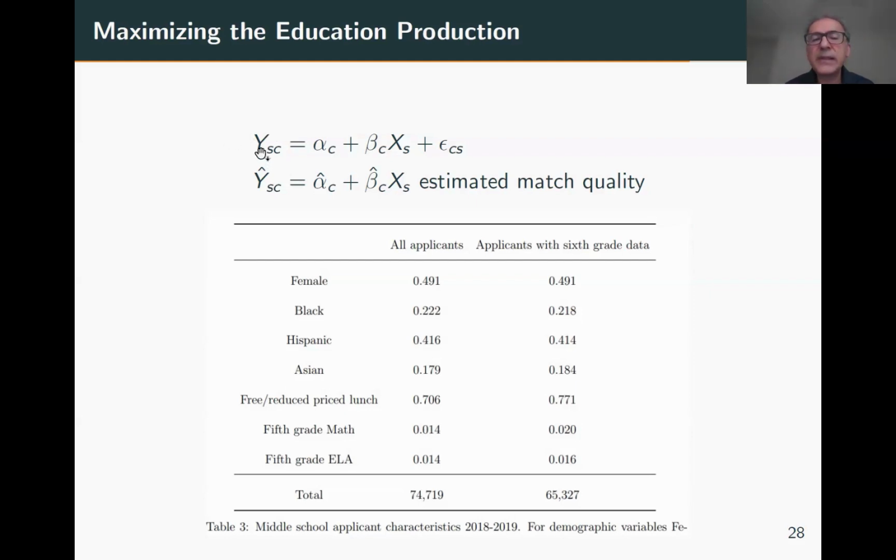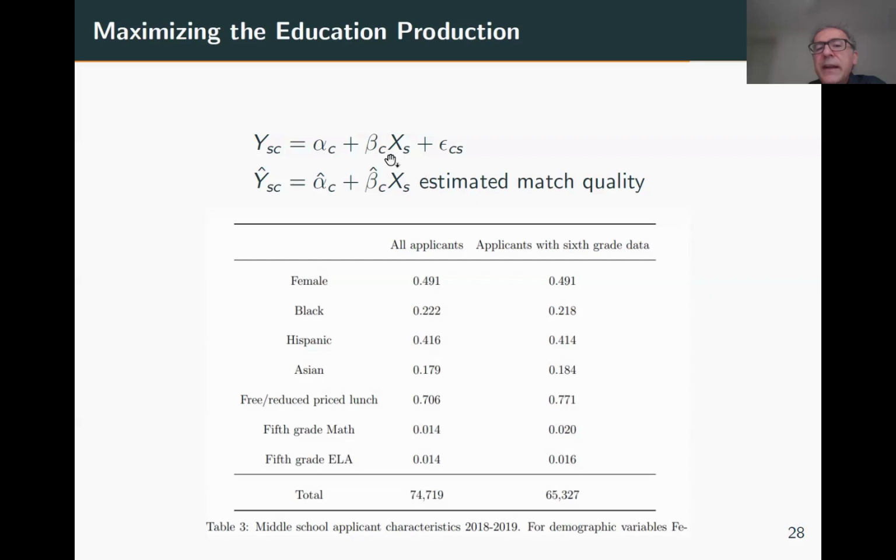This is, for example, the math score of student S if she attends school, she's enrolled in school C. This is the impact of attending school C. And this is the match specific effect, the student specific effect of attending school C. And this is the error term. We estimate this, and our estimated match quality is given by this predicted value.